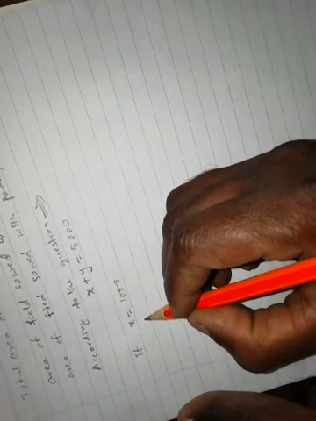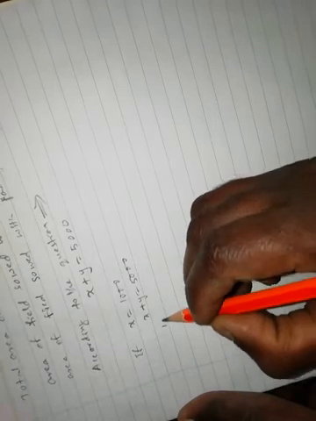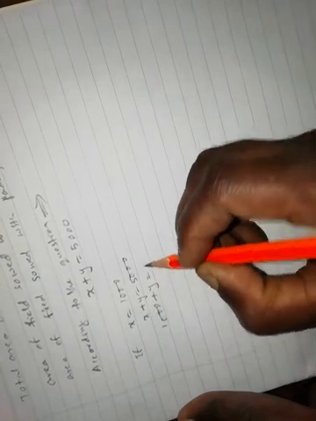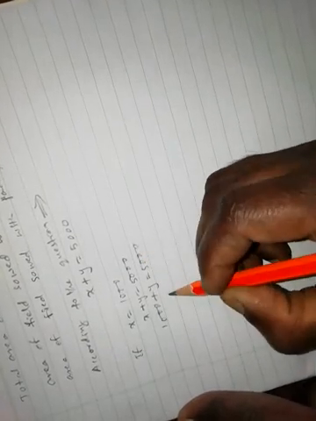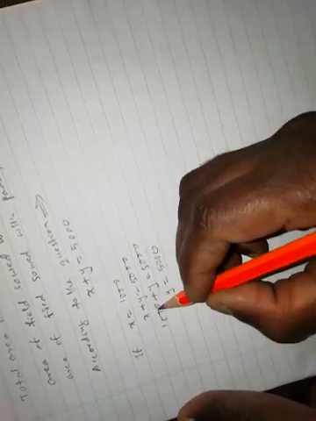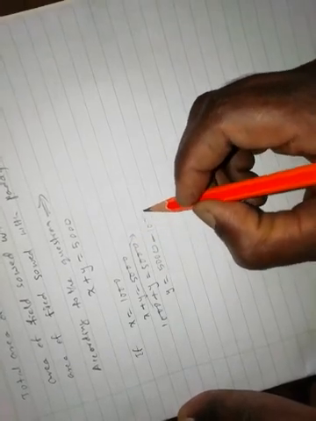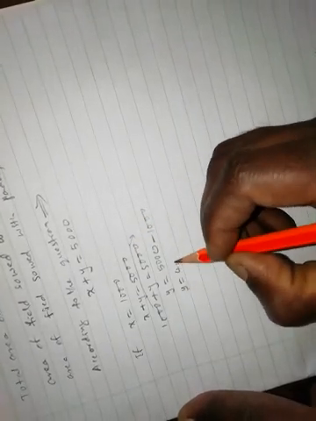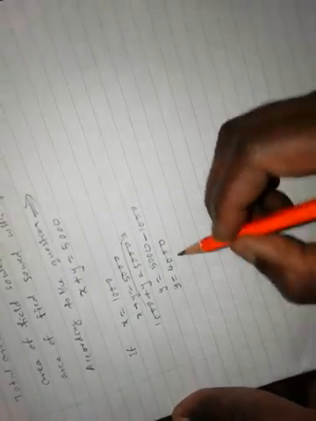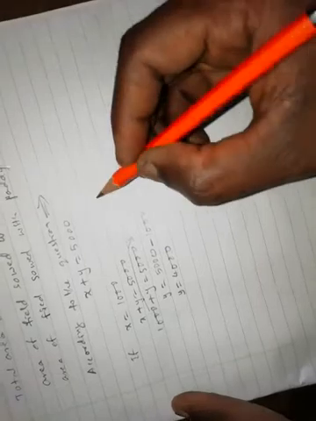Here we know that x plus y is equal to 5000. So 1000 plus y is equal to 5000. When you transpose this 1000 to that side, it will become 5000 minus 1000. y is equal to 4000. So if x is equal to 1000, y is equal to 4000 we got.